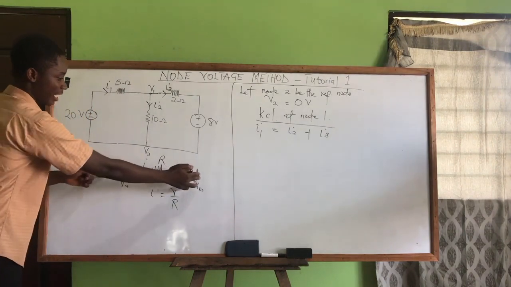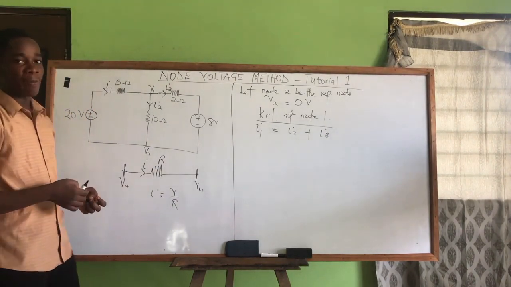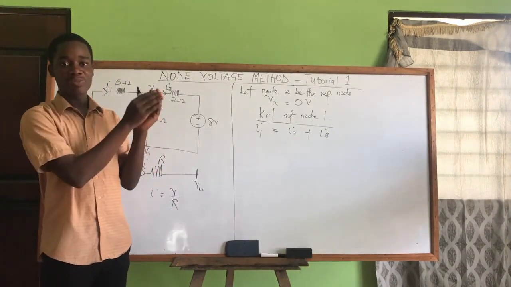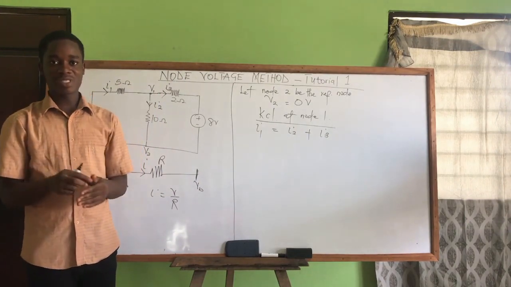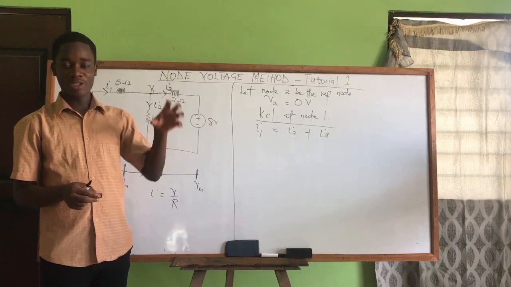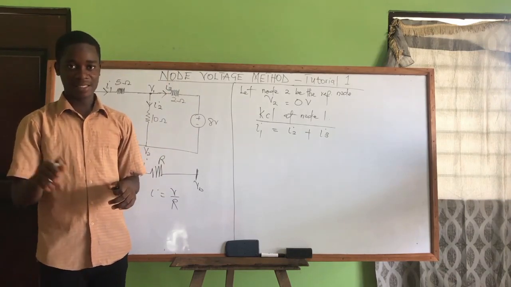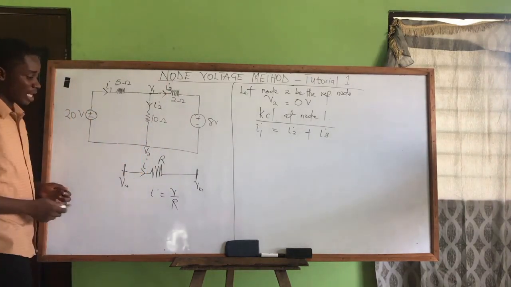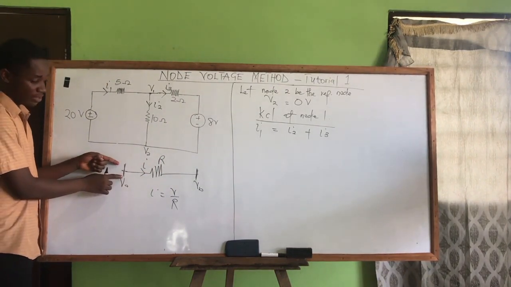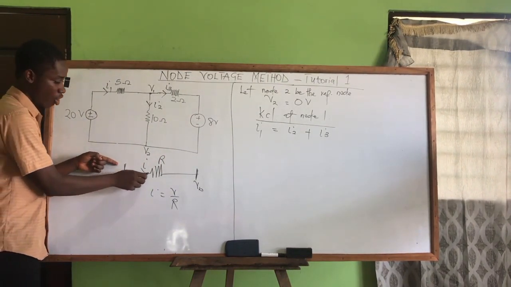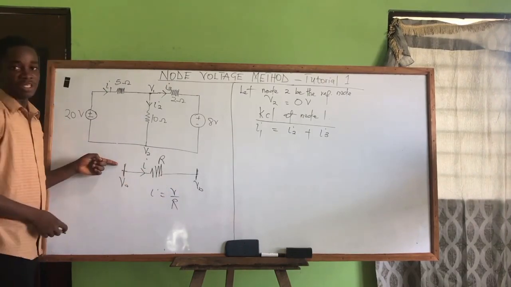Looking at this diagram, we know that current through a passive element flows from the highest potential to the lowest potential. It means current starts from where the voltage is big to where the voltage is less. When I want to calculate I, it is moving from node voltage VA, all the way to node voltage VB.